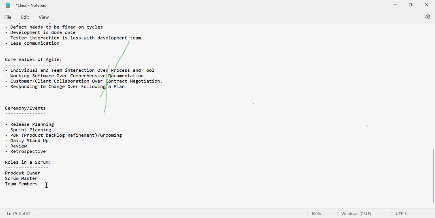If there are 4 Scrum teams working on our WhatsApp application, then these 20 will be further divided among these 4 teams. Okay, 5 stories will be taken by each team based on the team capacity.